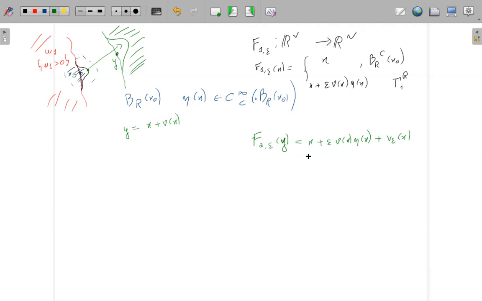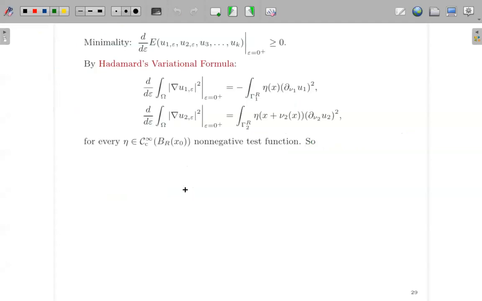And now I will use the minimality. So I take the new eigenfunctions of these new sets, and use something which is now known, which is called Hadamard's variational formula. It tells you exactly how the derivative goes.